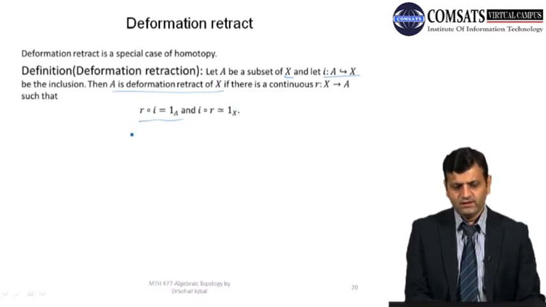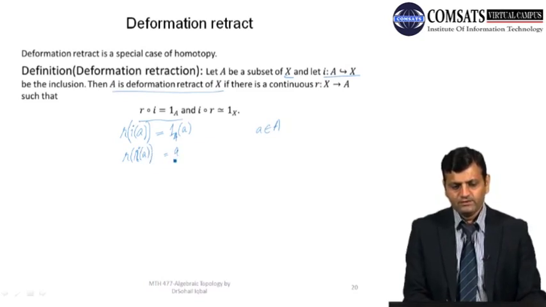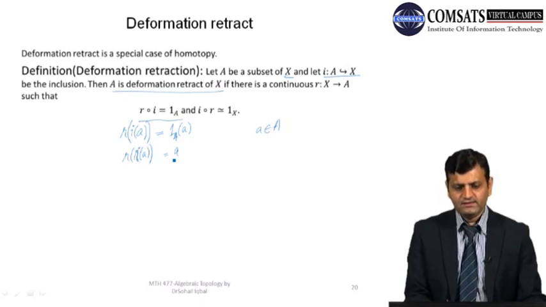What does the first condition mean? It means that if I start from some point a of A and apply R on it, then it must be equal to 1_A of a. In other words, R(I(a)) is equal to a.